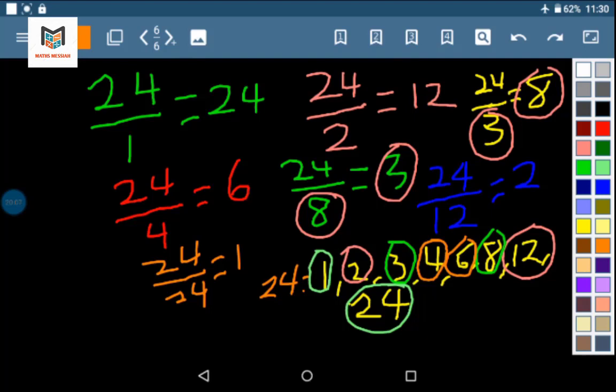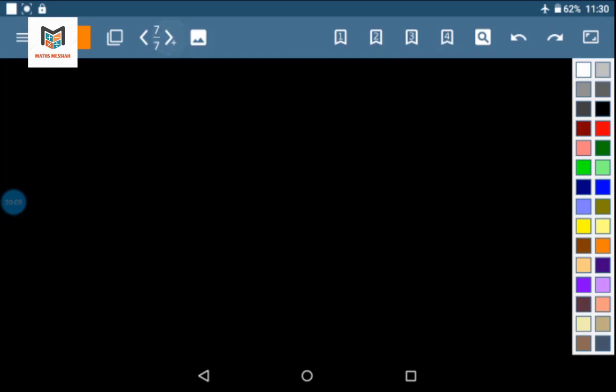Okay, I hope you can find the answer for this one. 16. So solve it. After that, you compare your answer.